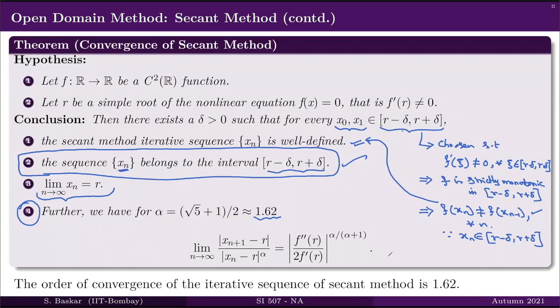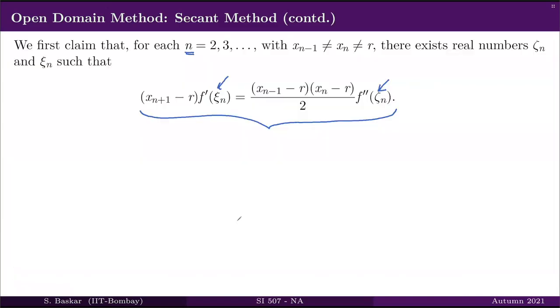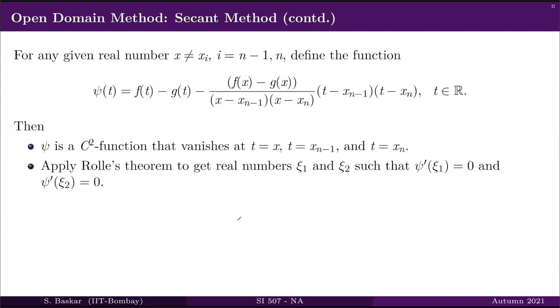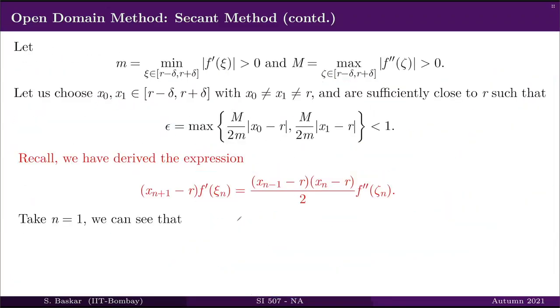If you go back to our theorem statement, our theorem was demanding that the order of convergence of the secant method is approximately 1.62, which is precisely (root 5 + 1) divided by 2. Well, the same number is also achieved in our calculation.